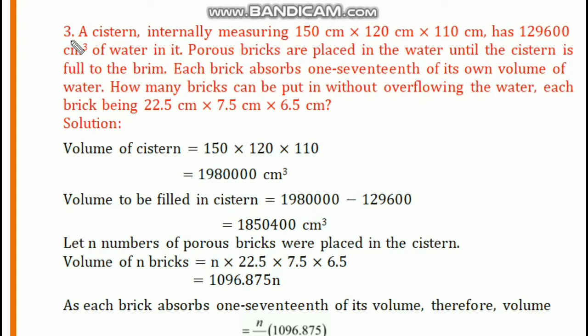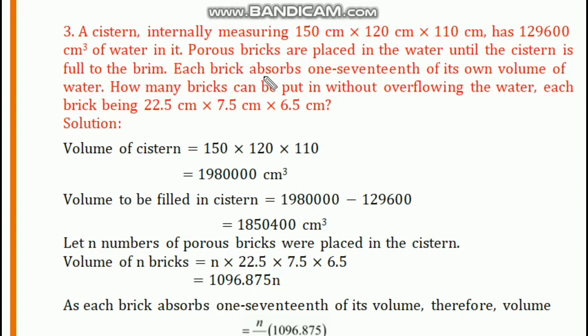Students, let's discuss exercise 13.5, third sum. A cistern internally measuring 150 centimeter into 120 centimeter into 110 centimeter has 1,29,600 centimeter cube of water in it. Porous bricks are placed in the water until the cistern is full to the brim.